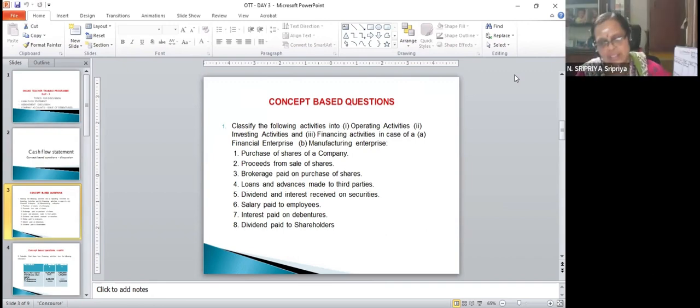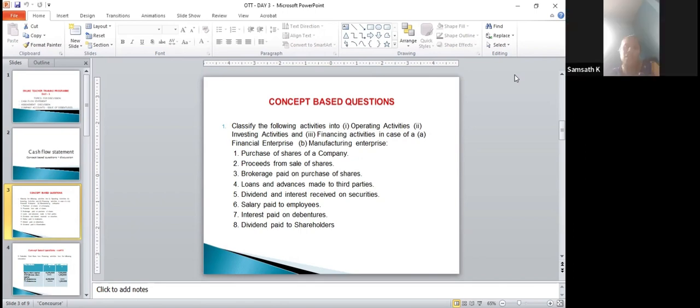Interest paid on debentures is a part of operating activities as far as a financial enterprise is concerned. Only for manufacturing industries, it is a financing activity.